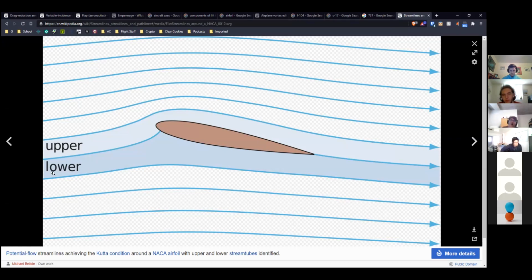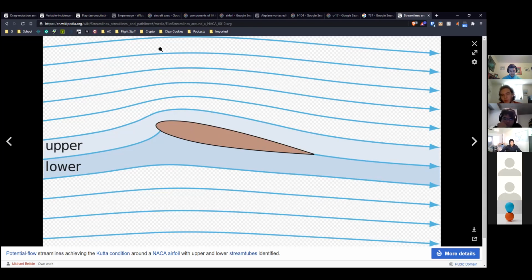The ones that are deflecting a lot are losing more energy, but this wing is trying to deflect these streamlines because, well, it's not causal exactly the way I'm explaining it, but because it's able to deflect the streamlines like this, it can generate lift. It also generates drag, but drag is a cost of lift.